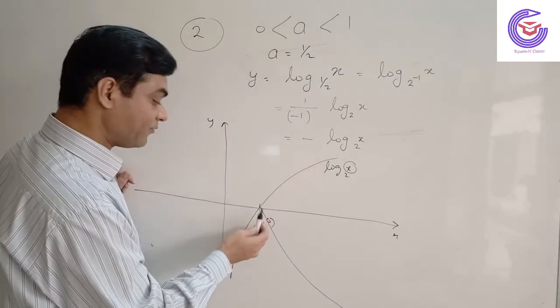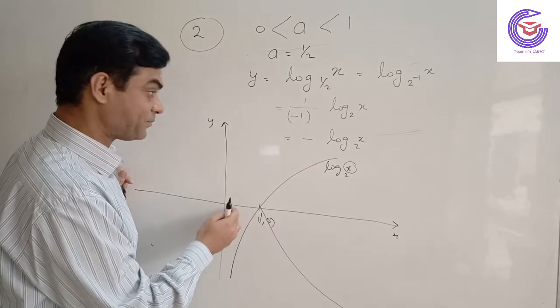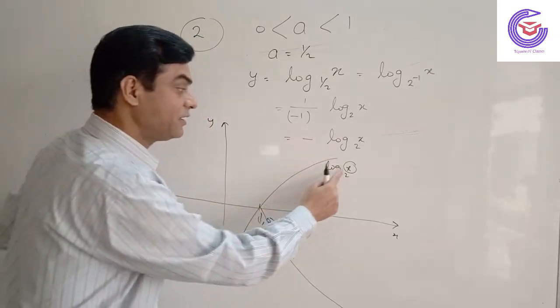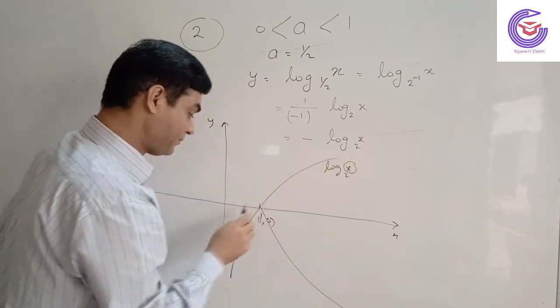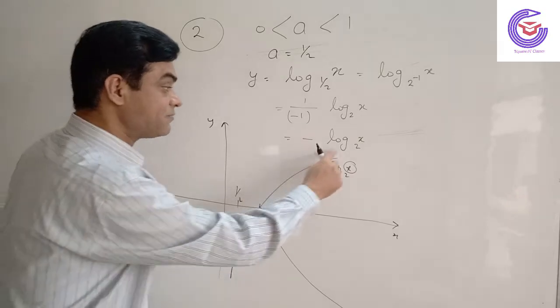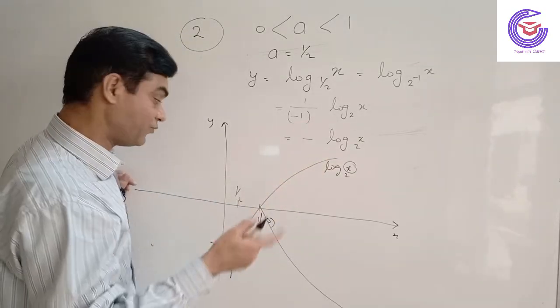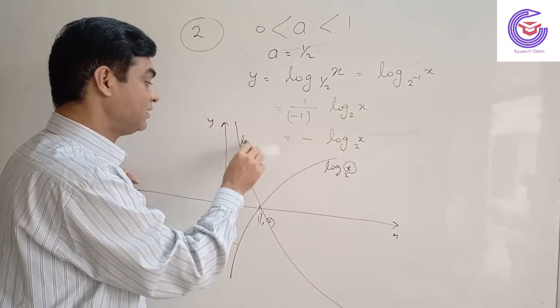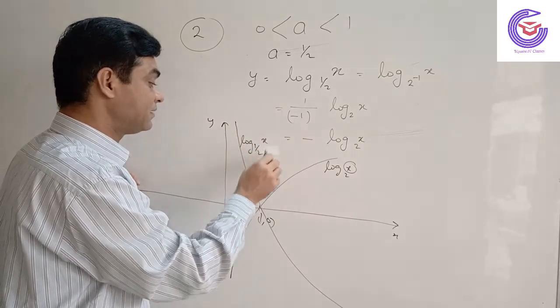And when x is less than 1, you were getting negative values, like log half was minus 1. In this case, minus of minus 1 becomes 1. So this graph will go like this. This is the graph of log x base half.